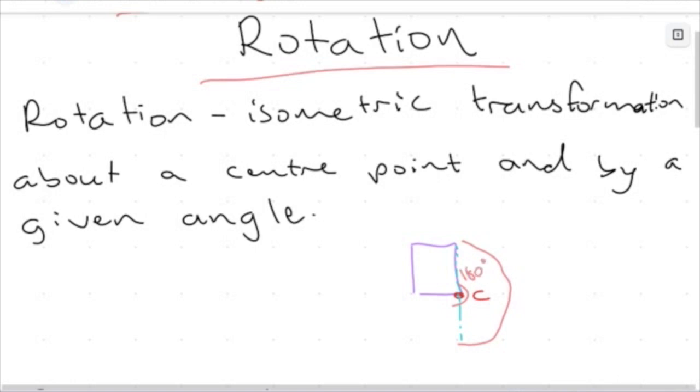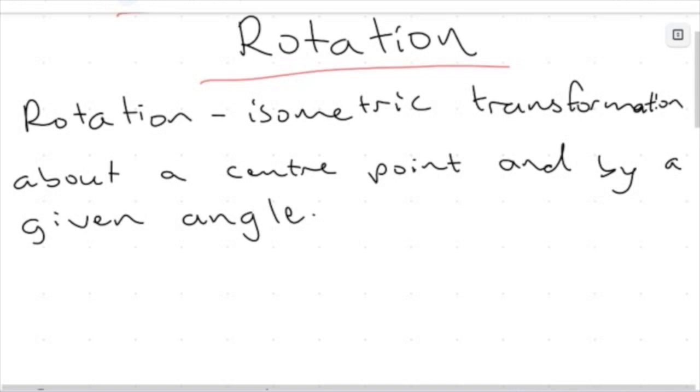And as we said in the previous video about translations, every single point here is going to rotate around my center point here. Now, I don't want to draw too many here to confuse you because it's really hard to visualize this without you actually seeing the thing getting rotated. But that's the definition of rotation.